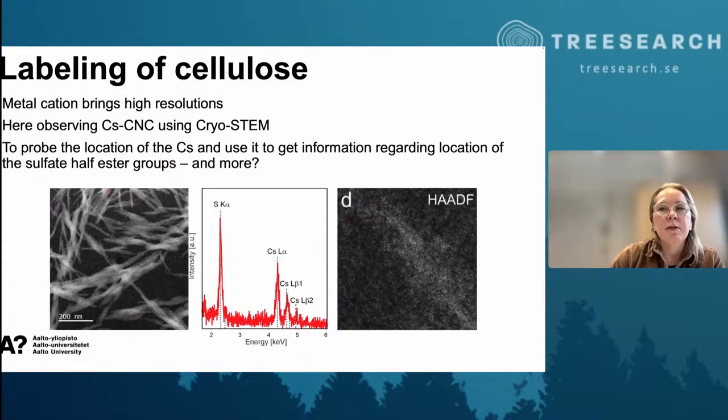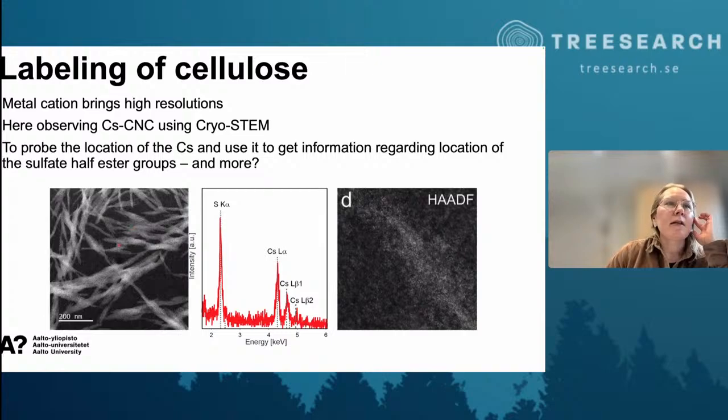So here you can see a TEM visualization of a very typical one of the CNCs on a carbon substrate. We can see that they bundle, so they are very much aggregated, or bundled, I guess that's the best way to say it.